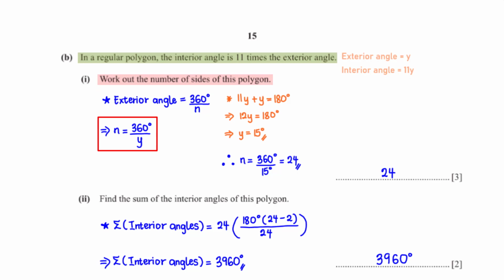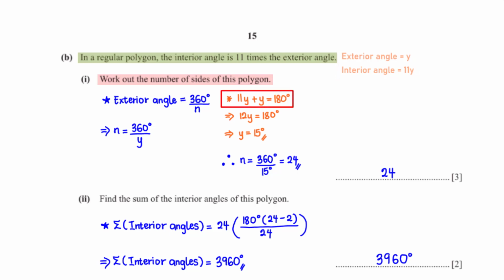Now we need to find the exterior angle of the polygon. We are told that the interior angle is 11 times the exterior angle. So if the value of the exterior angle is y, then the interior angle is 11y. The sum of the interior angle and exterior angles must add up to 180 degrees.